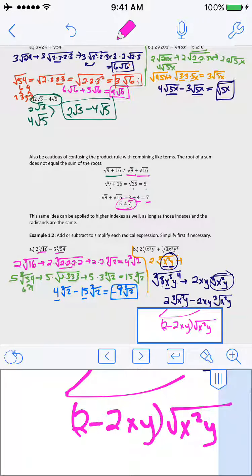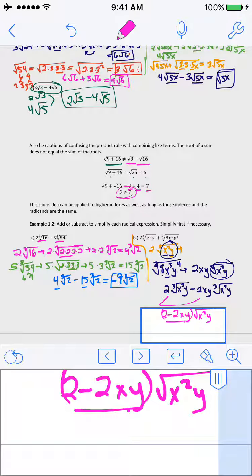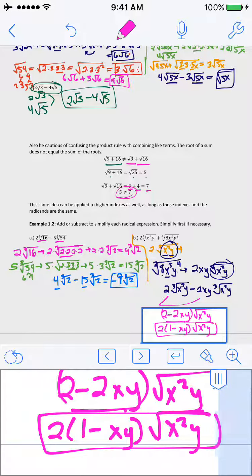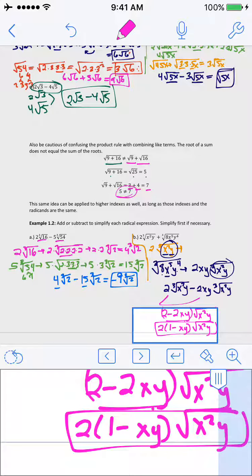Now, this is kind of a new part for us because we're not used to things being unalike when we take them out. Up until today, we've only taken out numbers. You only add the coefficients. But these are actually unlike terms, so I cannot combine them. The only other thing I can maybe do is take that 2 out. I get 2 times 1 minus xy times the cubed root of x squared y. But that would probably be as low as this could be reduced.